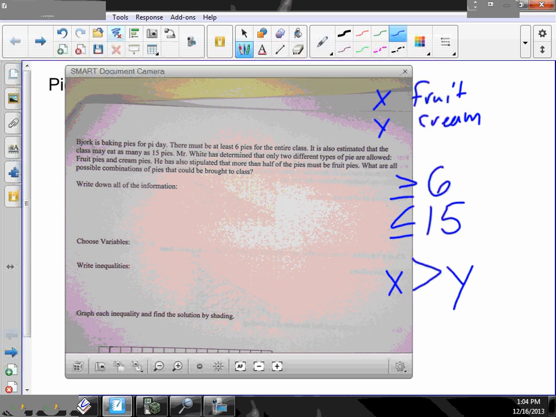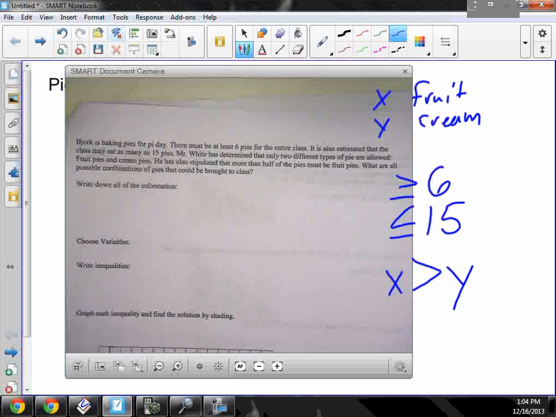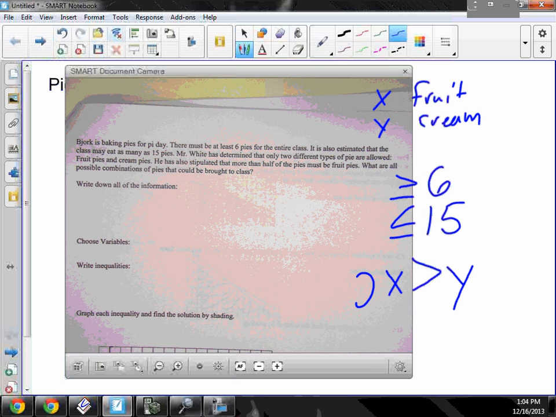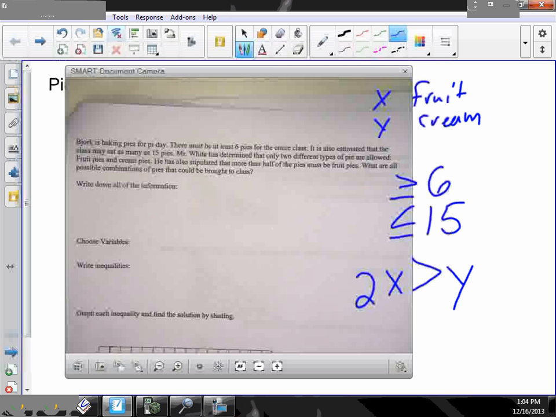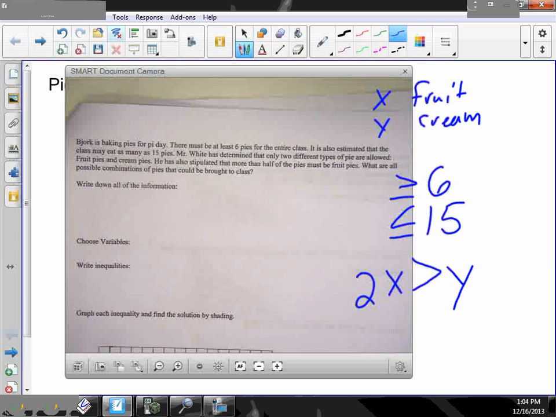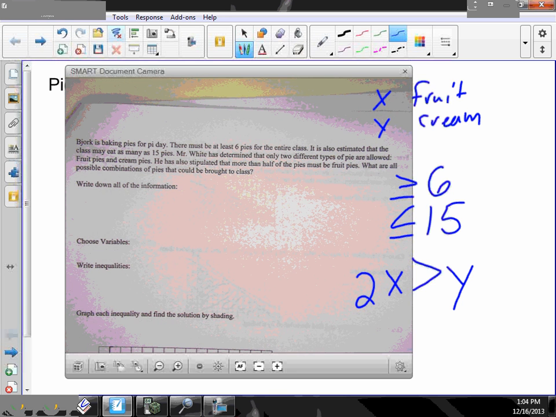So now what do I do? So let's look at this. If I double the number of fruit pies, is that bigger than the number of cream pies? Is that what we were looking for? Think about that. If I take the number of fruit pies and times it by 2, is that what I want to compare to the number of cream pies? No. What do I want to do?